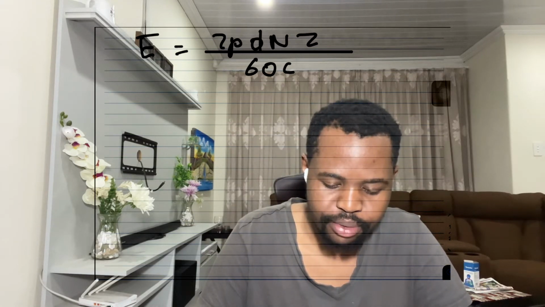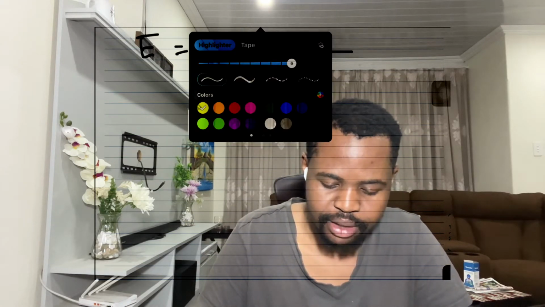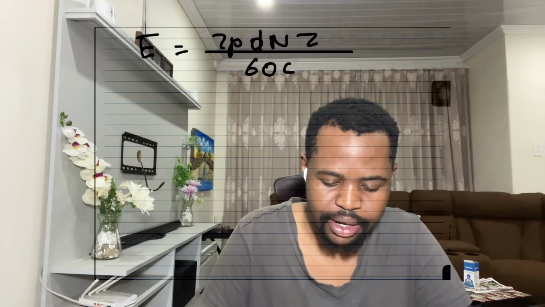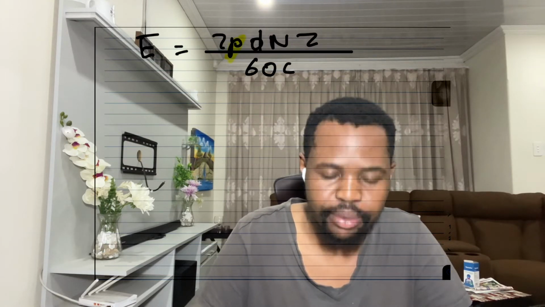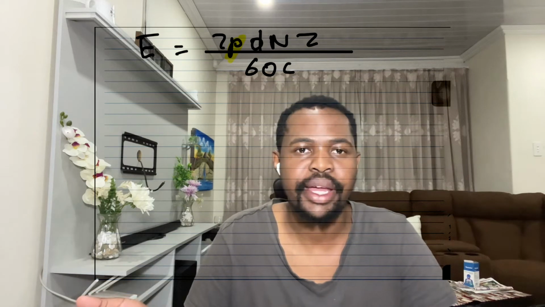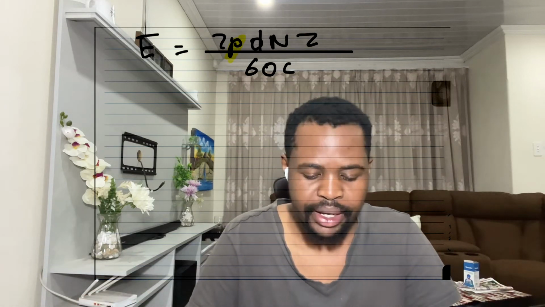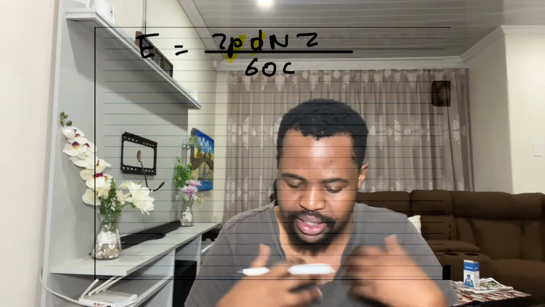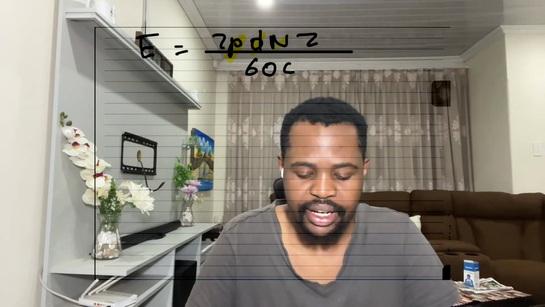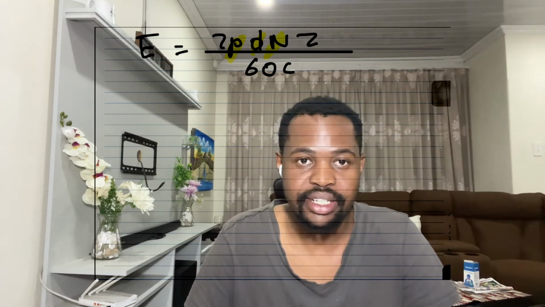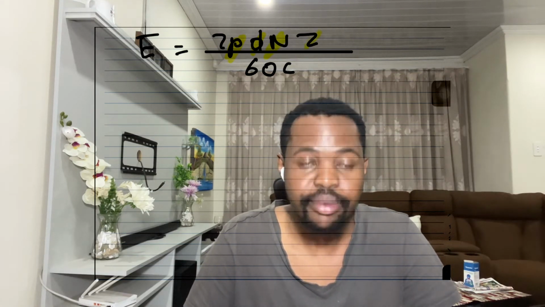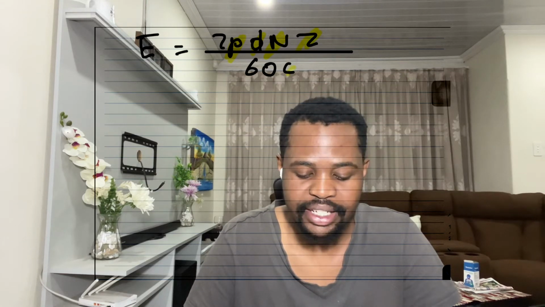For example, P, that is the pole pair, is non-electrical. Then useful flux is non-electrical. Then speed is non-electrical. Even the number of conductors is non-electrical.